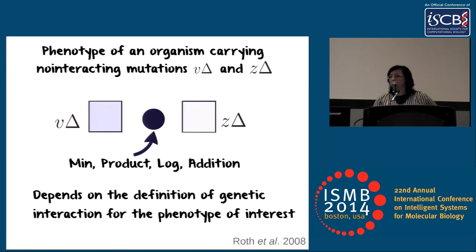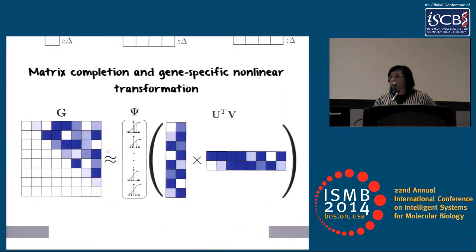But this value is usually obtained through phenotypes of single mutants, combined in some way to get the idea of what would be the expected phenotype if the genes would not interact. So this was the input part. What do we do next?